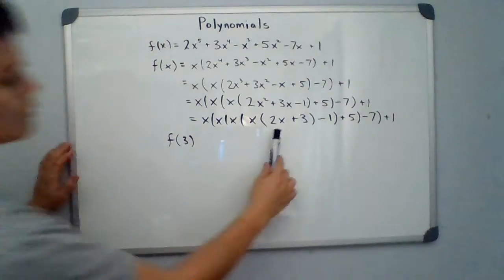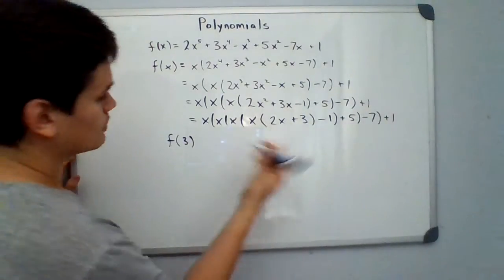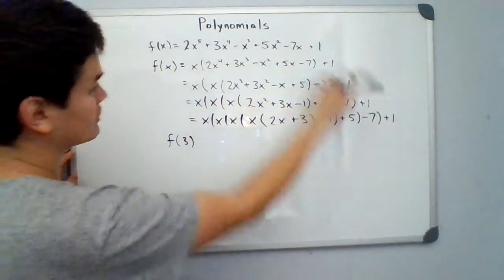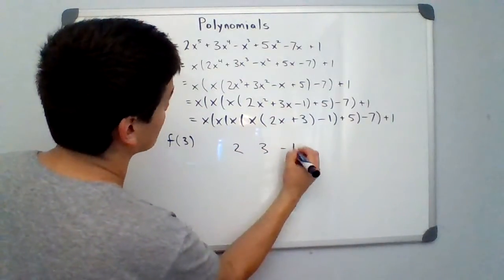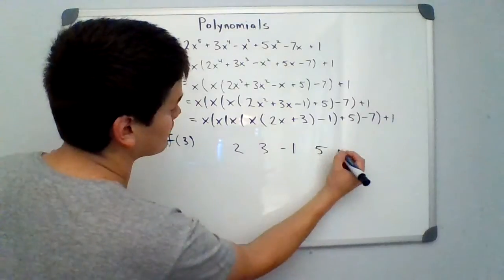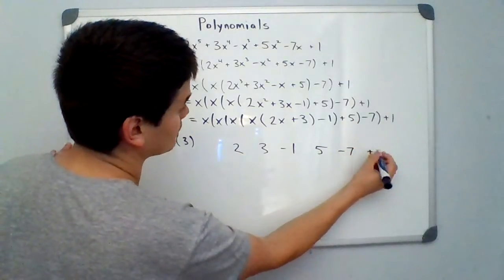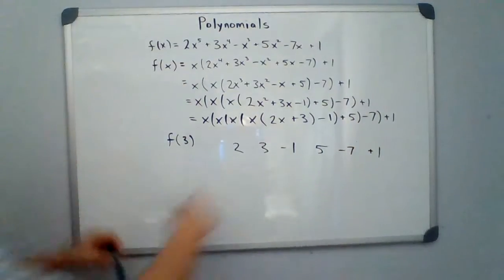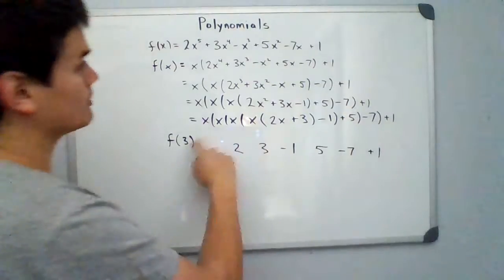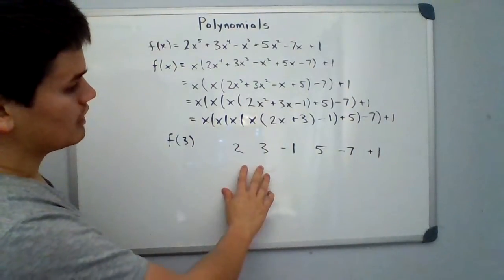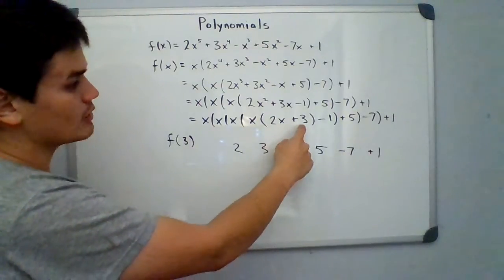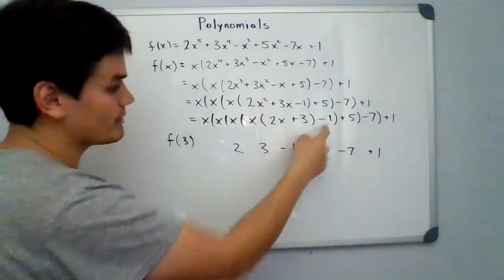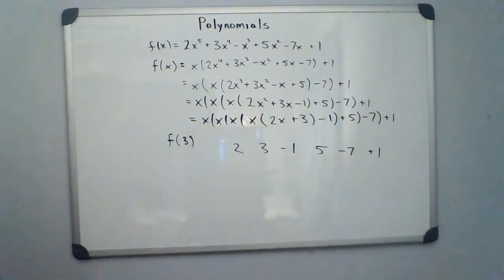So we write the coefficients in order. Here's 2, 3, -1, 5, -7, plus 1. So remember what we're doing with each one of these coefficient terms is we're multiplying it by 3 and then we're adding.